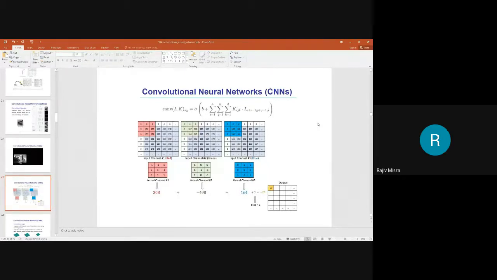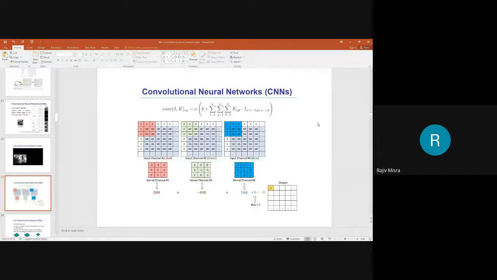So this particular example is shown as an output. In a kernel, this particular image has, let us say, 0, 1, 1, 0, 1, 0, 1, -1, 1. So let us see how it will calculate.